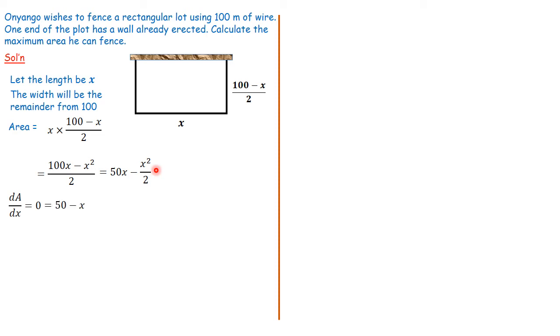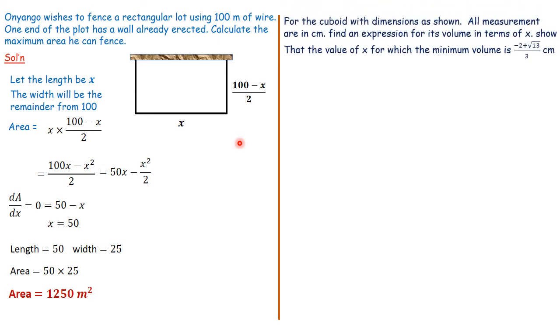So we differentiate and we get 0 equals 50 minus x, in which case x will be a single 50. So that must be the value of x. We don't have another value, and therefore that's the length. And the width will be 25. I got it by having 100 minus 50 divided by 2, and 50 divided by 2 is 25. Therefore, the area will be 50 times 25, which is 1250 meter square. I hope that's clear.